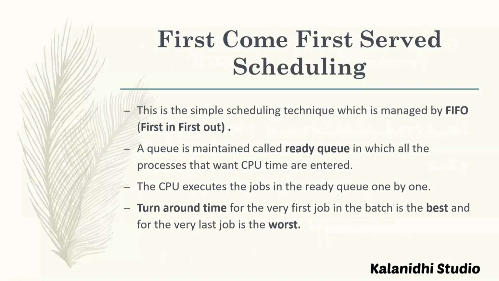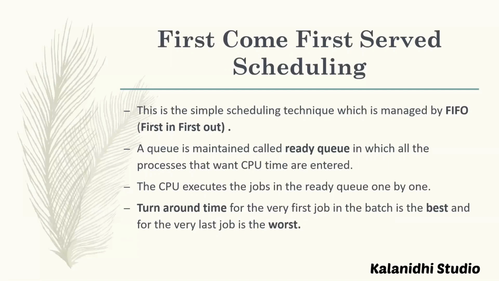First come first served scheduling. This is the simplest scheduling technique, which is managed by FIFO, first in, first out. That is, the process which requests the CPU first is allocated the CPU first. A queue called the ready queue is maintained, in which all the processes that want CPU time are entered.